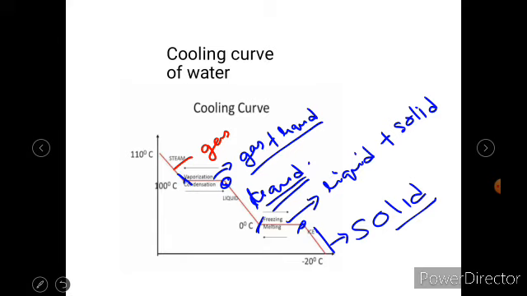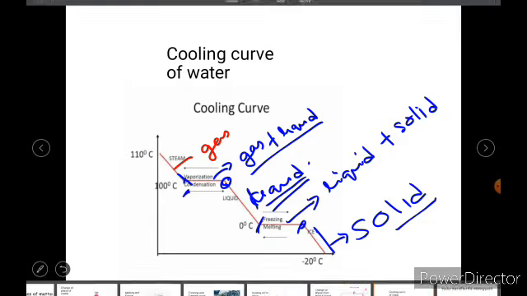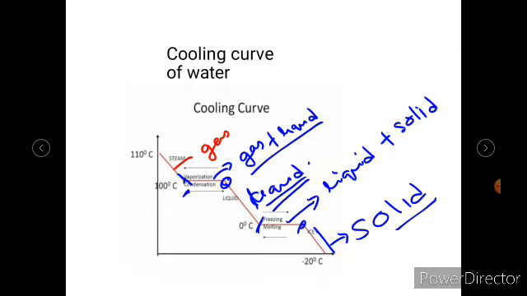Now from here we can know that, let me take the pointer, from this point to this point there is no change in temperature, but from this point to this point there is a decrease in temperature. So by decreasing the temperature, we can convert the steam into water.